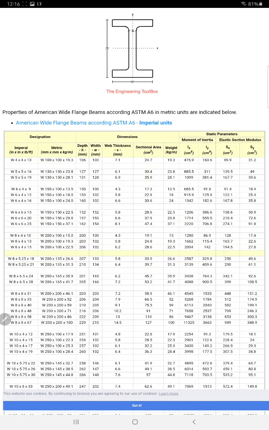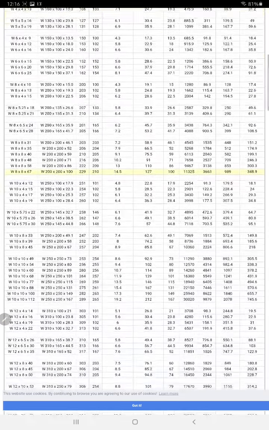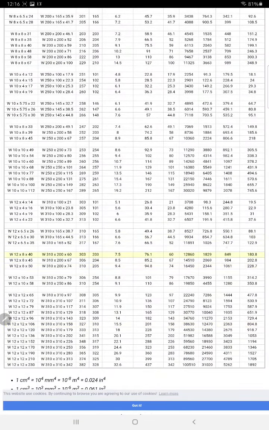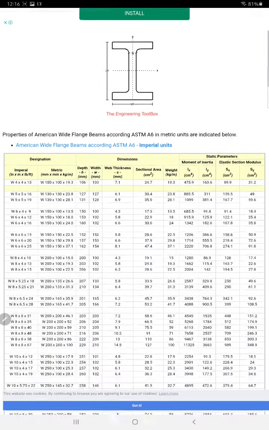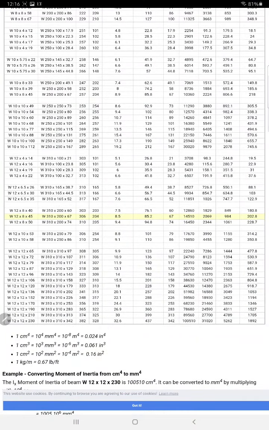So we will go through this column. Here Sx is 500. We also have to look in the weight column. This is the weight of the beam. There may be many beams which have Sx greater than 500, but we have to choose the lightest beam. That beam is lightest which has weight 38.7, so we will choose this beam, represented as W310 into 165 into 38.7.